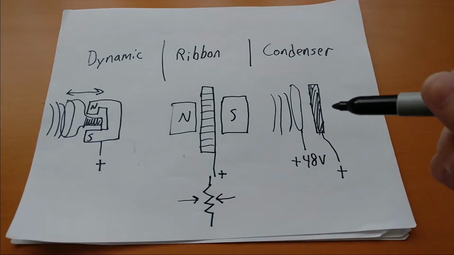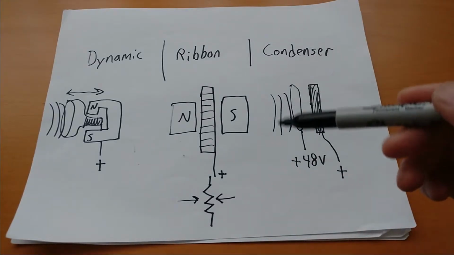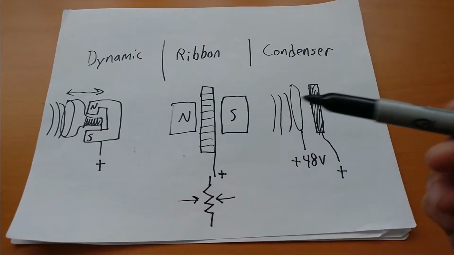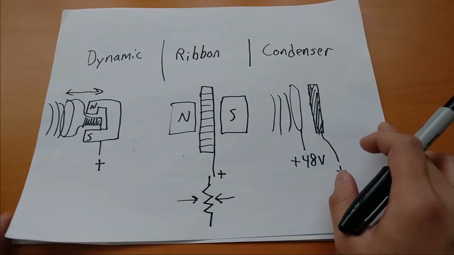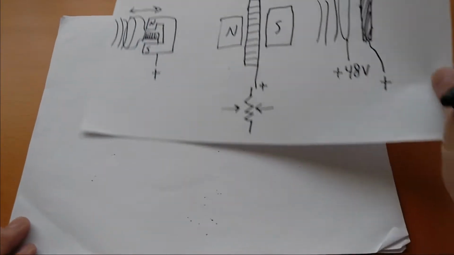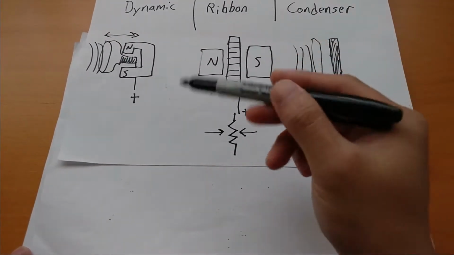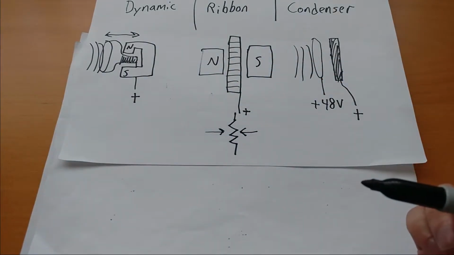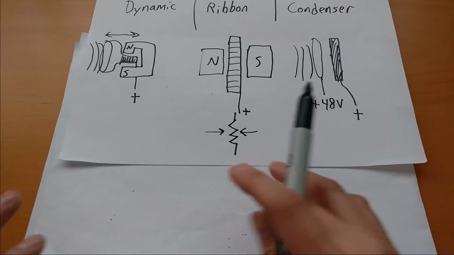Those polar pickup patterns are part of the design of the types of drivers used inside the microphone. The microphone capsule, which is the part where the driver is housed, really affects how the sound is picked up.